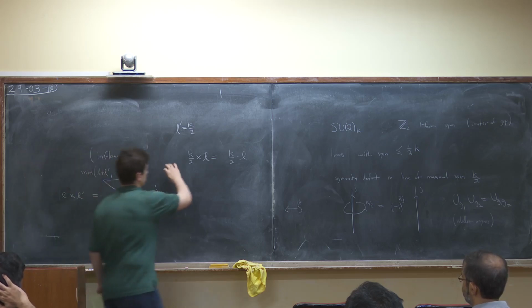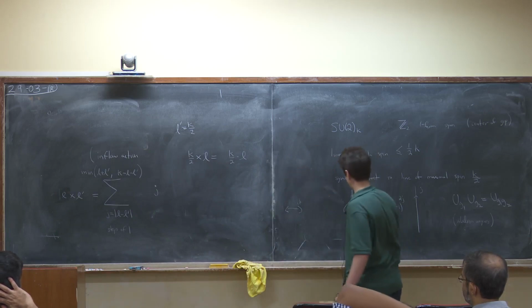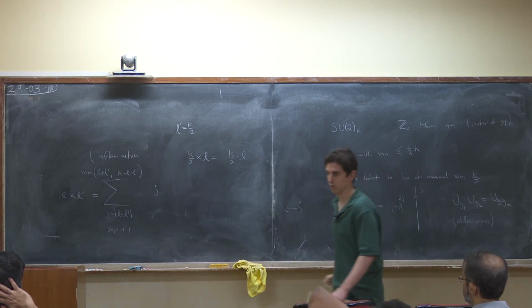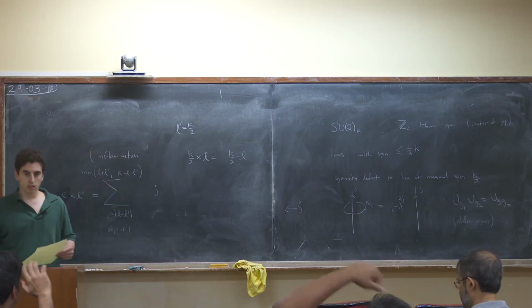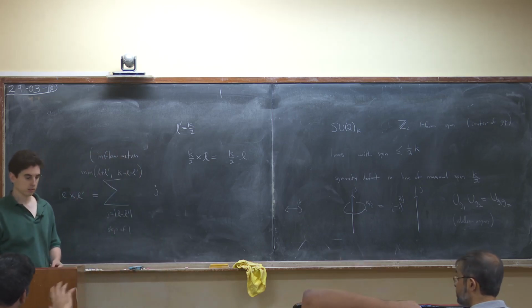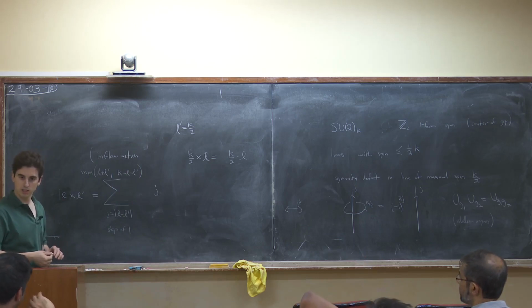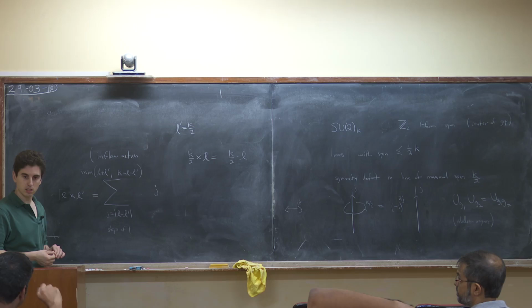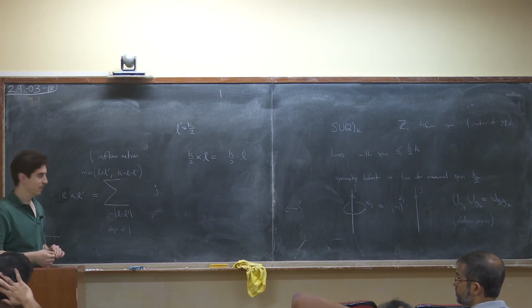Using this, you don't have to check the other condition. If this is true, the braiding phase property will also be automatically true. And the line can't be 0. It could be the identity. It cannot be nothing. Nothing means nothing.